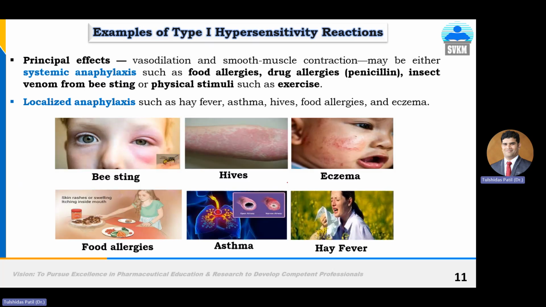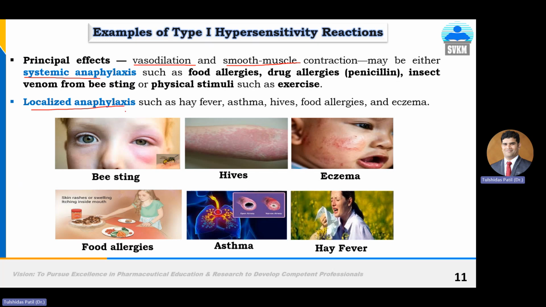Now we will see different examples. You might have come across these examples. The manifestations of type 1 hypersensitivity reaction are caused by vasodilation and smooth muscle contraction after exposure to the allergen. It can be further categorized as systemic anaphylaxis or localized anaphylaxis.